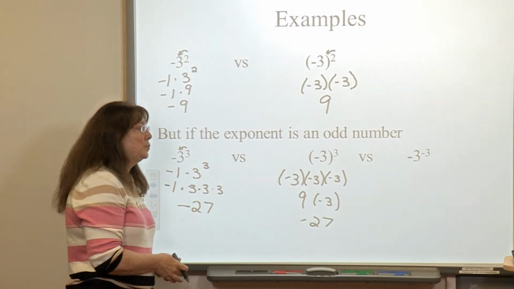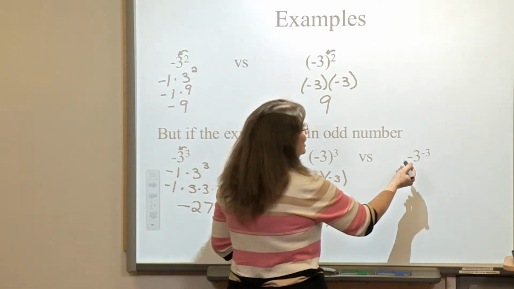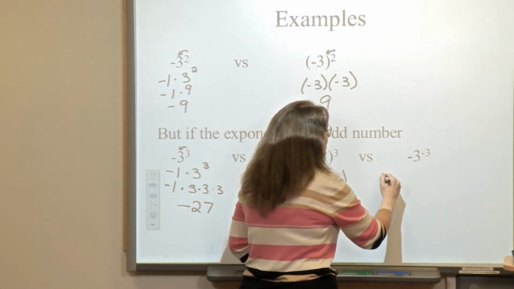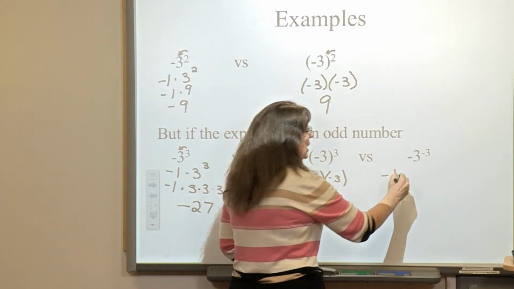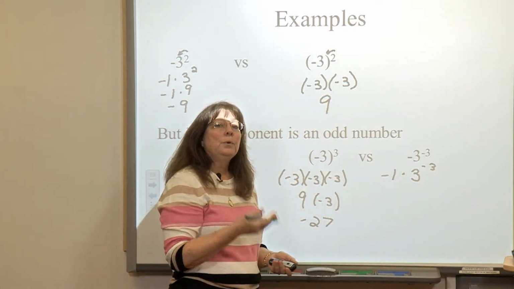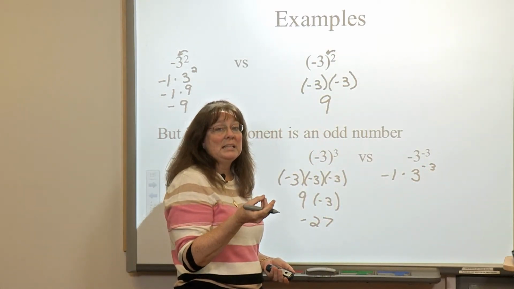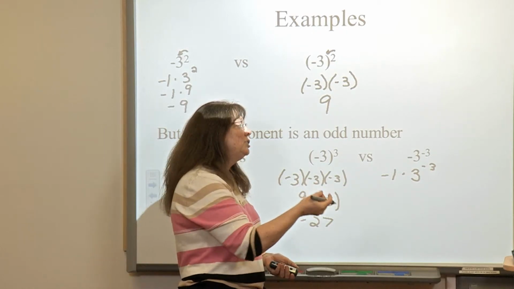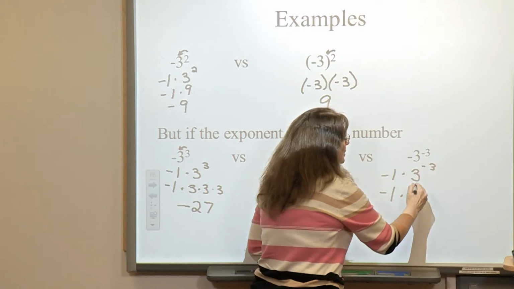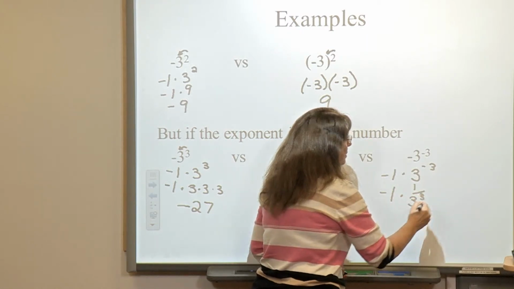Let's take a look at the last one, which is negative 3 to a negative exponent. Now again, the negative is out front, so it's like negative 1, and I'm multiplying it with 3 to the negative third power. We mentioned that the negative exponent doesn't necessarily make the number negative. It just puts that in the denominator. So I could rewrite this as 1 over 3 to the third power.